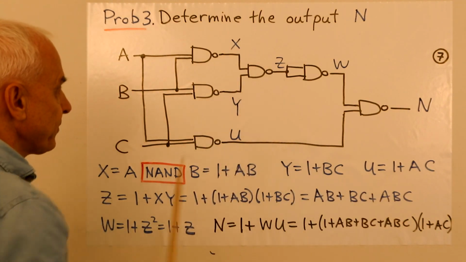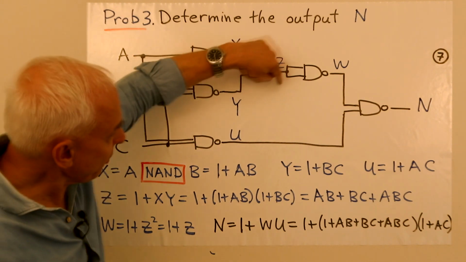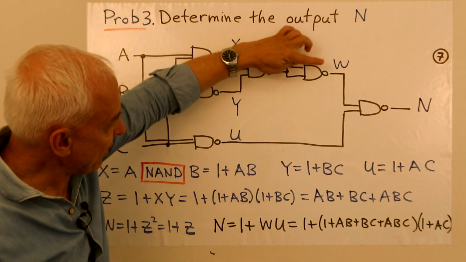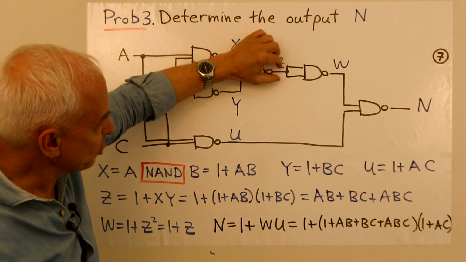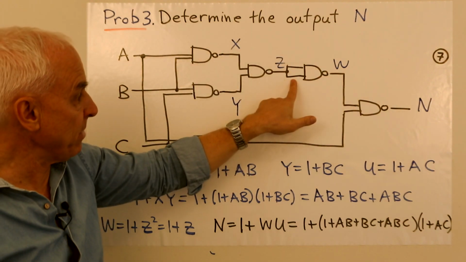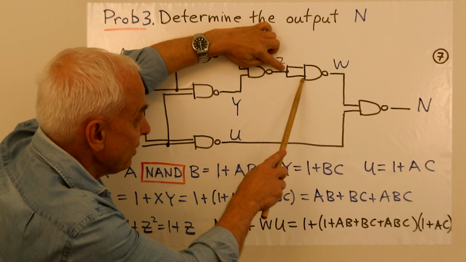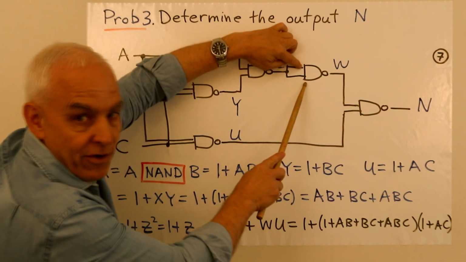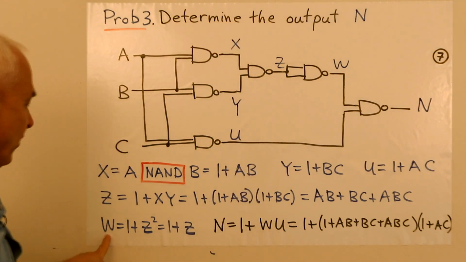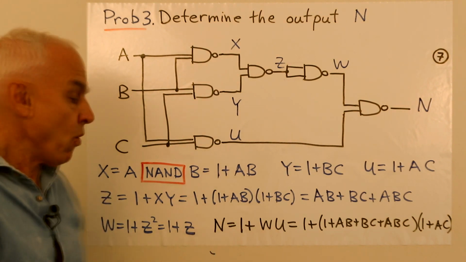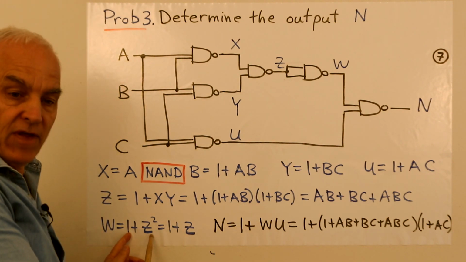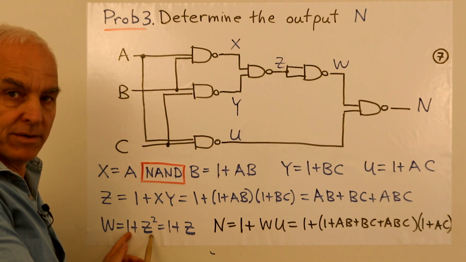That's Z. And now here we have a curious situation where this NAND gate is being used with two identical inputs, both of them being Z. So the Z is being routed to here and to here. So this W is Z NAND Z, which is 1 plus Z times Z, or 1 plus Z squared.